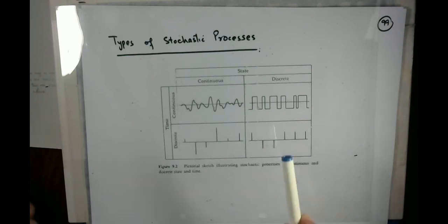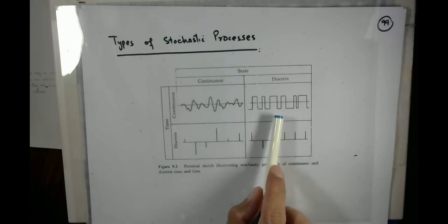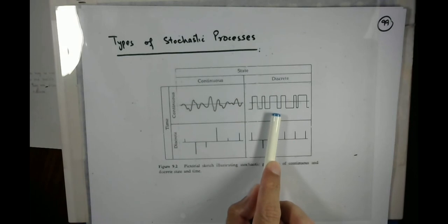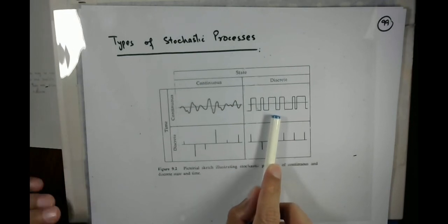And this is a continuous time, as you can receive a call at any instant of time within that interval 0 to t. So your time is continuous in nature, but the number of calls will be discrete. There is no such thing as 1.5 calls, 1.51 calls, and so on. The calls will always be discrete in nature. So the example for this type is the number of phone calls received in some interval of time.